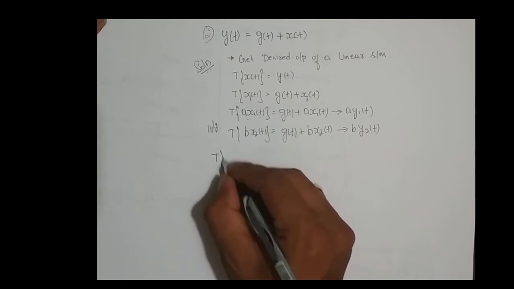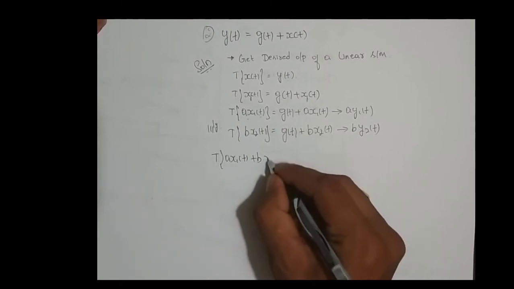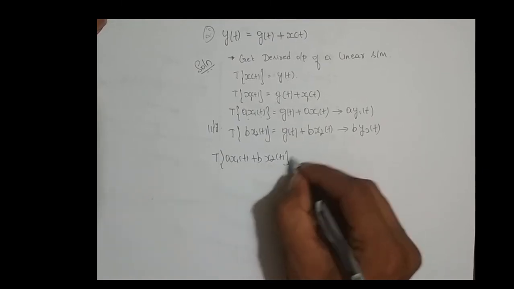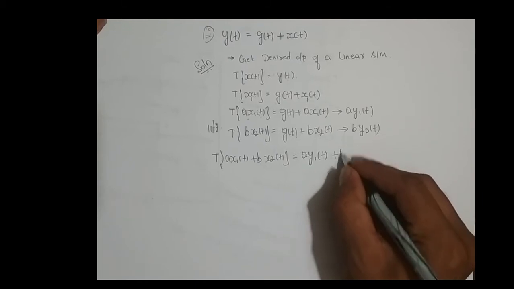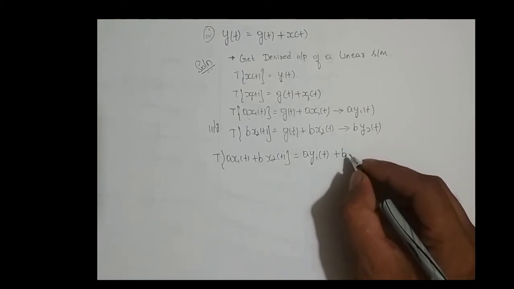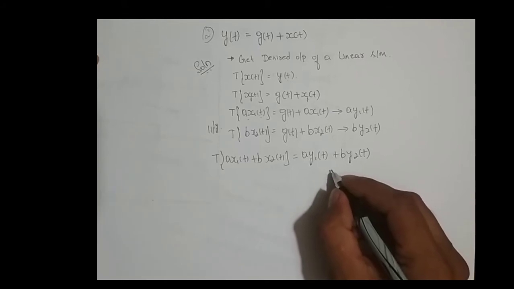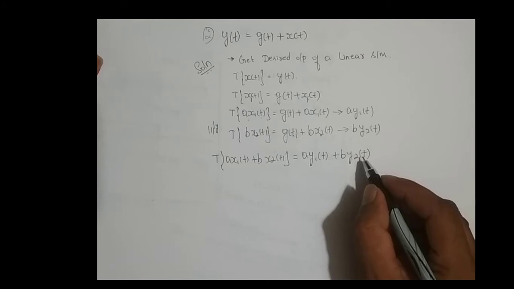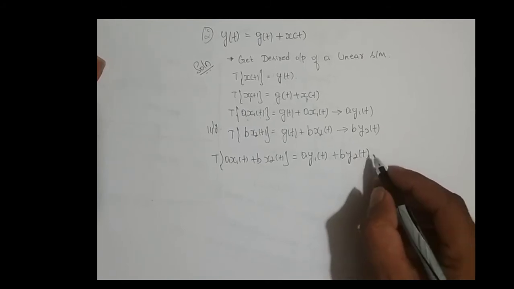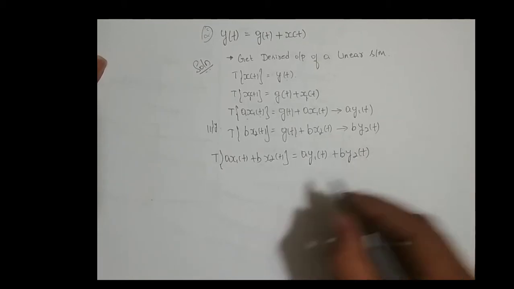Now I'll combine these two: a times x1 of t plus b times x2 of t should result in a times y1 of t plus b times y2 of t. And how did I write this equation? This is from the linearity property statement, right? Principle of superposition.